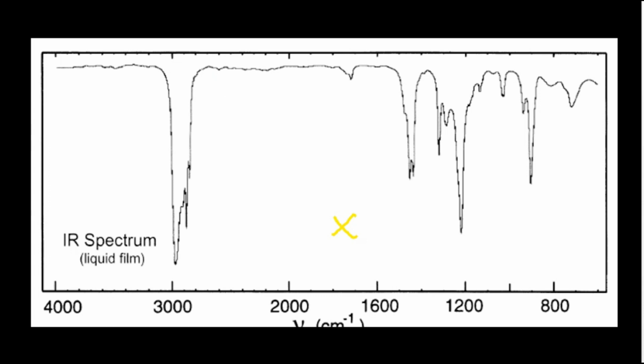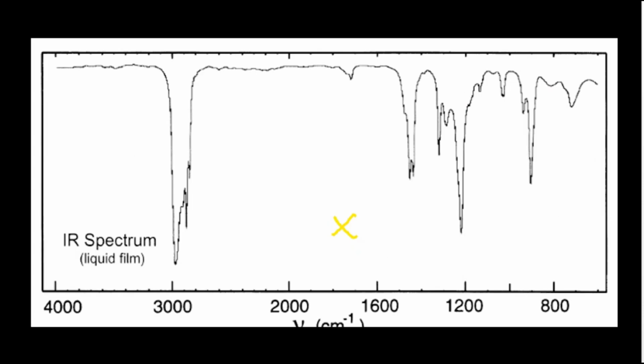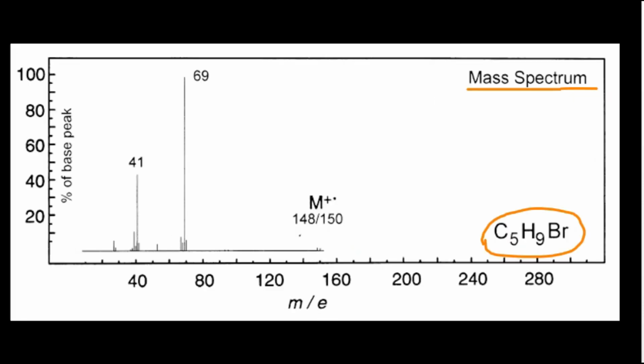So from your IR spectrum, you know that there is no functional group present, and from your mass spectrum, you already know that in your given compound, you have the bromine atom.